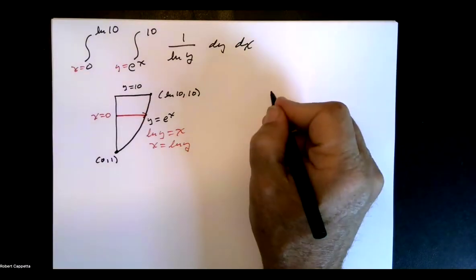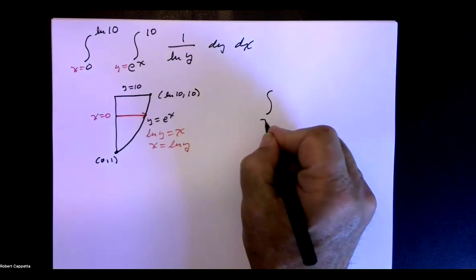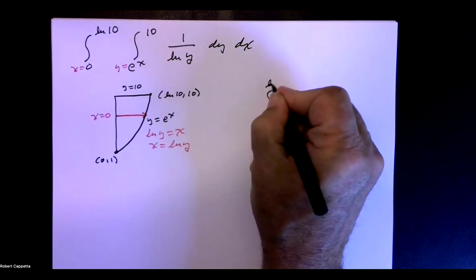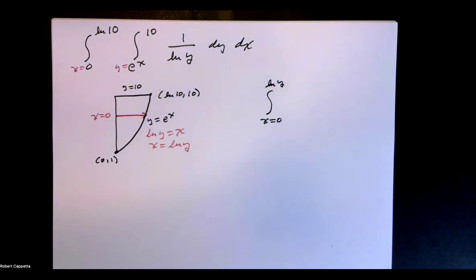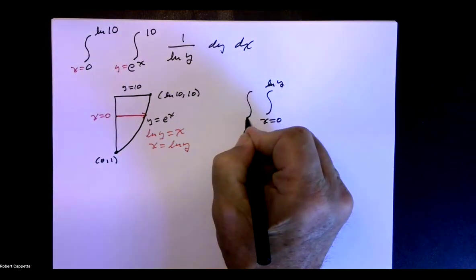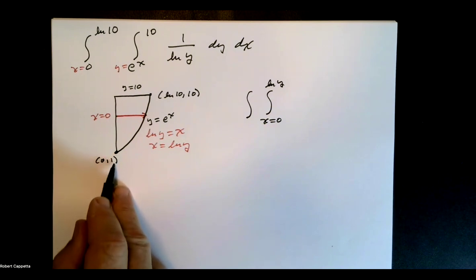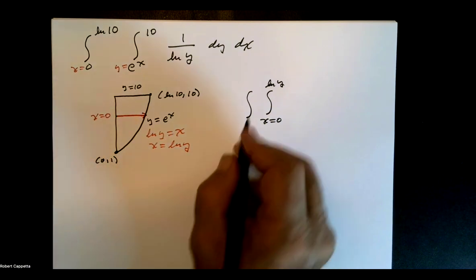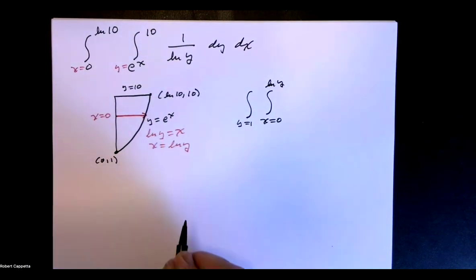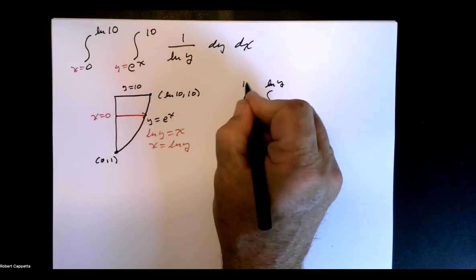So looking at this then on the inside from the west boundary, x goes from 0 to natural log y. Now, what does y range from? What's the lowest y value I see anywhere? What is the highest y value I see anywhere? Lowest y value I see is 1, and the highest y value I see anywhere is 10.